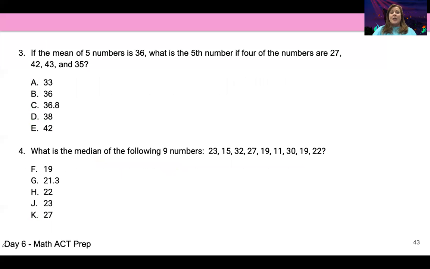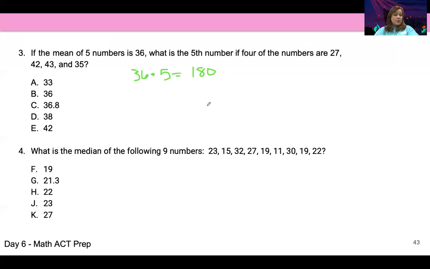Here we've got a mean of 5 numbers. It's 36. What is the 5th number if 4 of the numbers are 27? Again, if you have 5 numbers, the average is 36. We want to do 36 times 5, and that's going to give us 180. Then we want to add these 4 numbers together and subtract them from that.